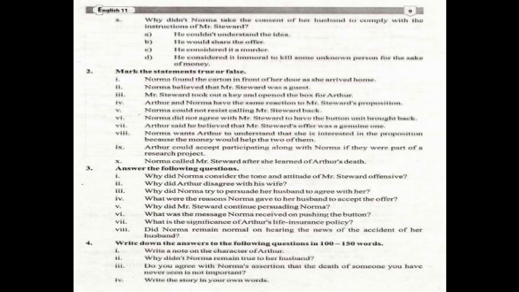The statement number 1 is, Norma found the carton in front of her door as she arrived home. This statement is correct. Number 2. Norma believed that Mrs. Stewart was a guest. No, it is false. She thought that he was a salesman, so it is a false statement.